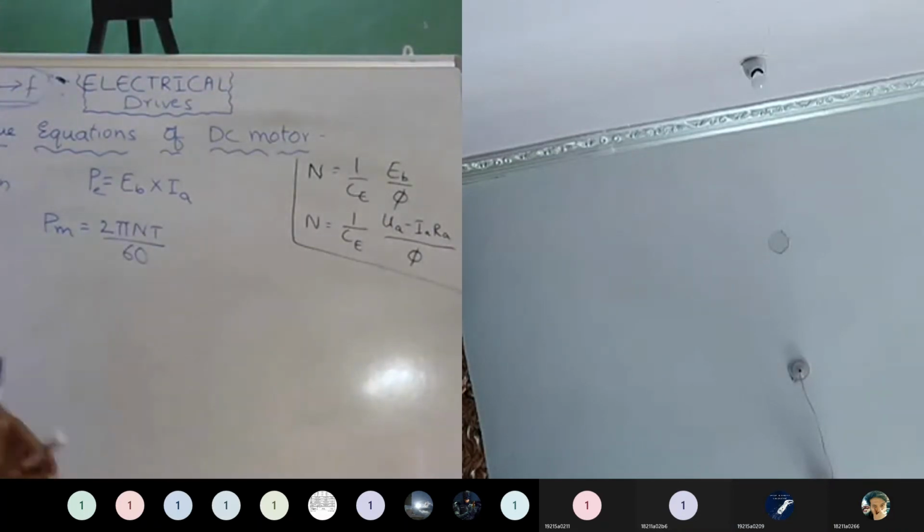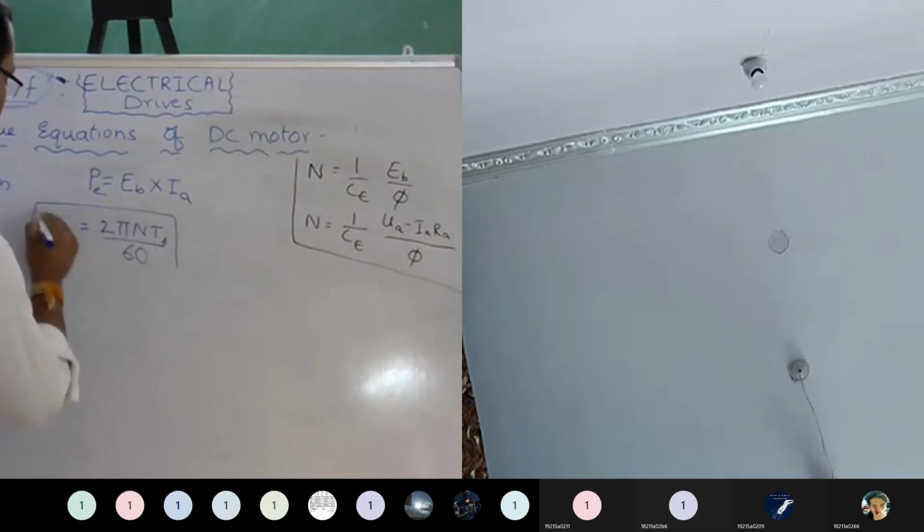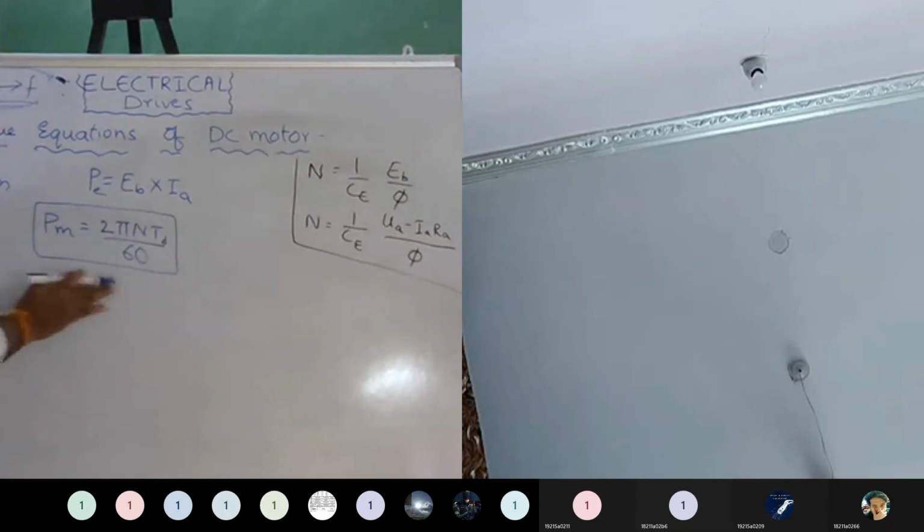How to remember? Again, it is a confusion. Why do we have 2 pi N by 60, T, omega? We don't know. So what to do? How to remember this one? Everybody can understand this directly. Why is the mechanical power developed?